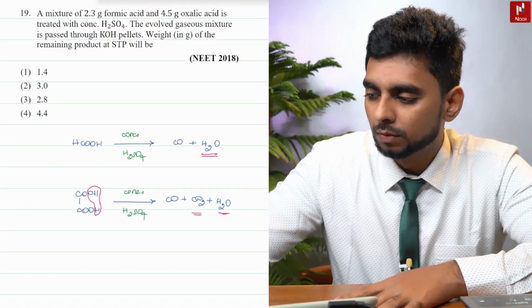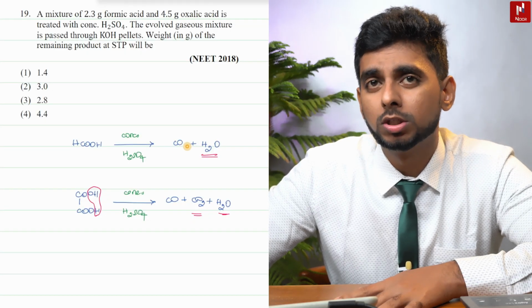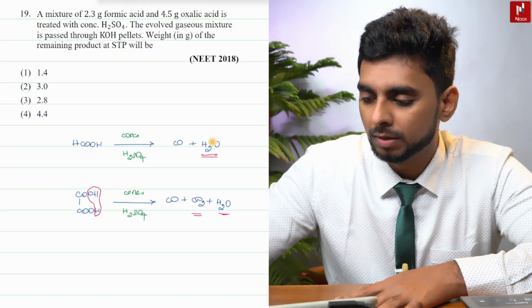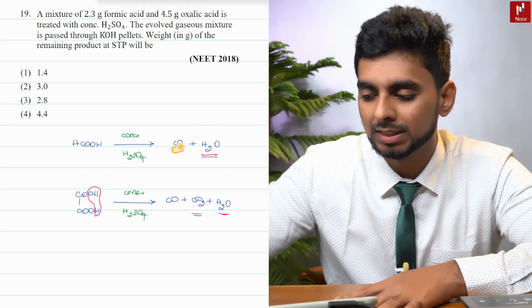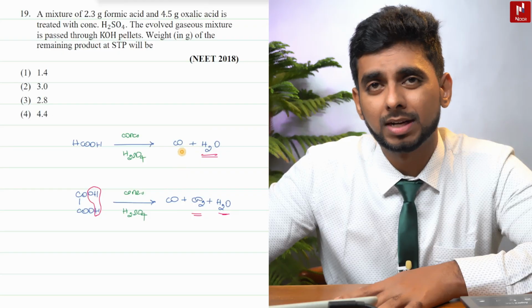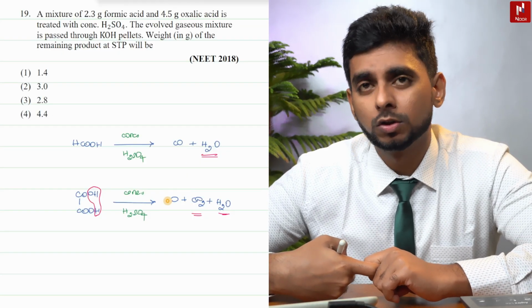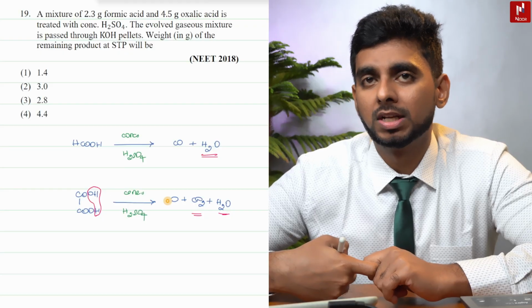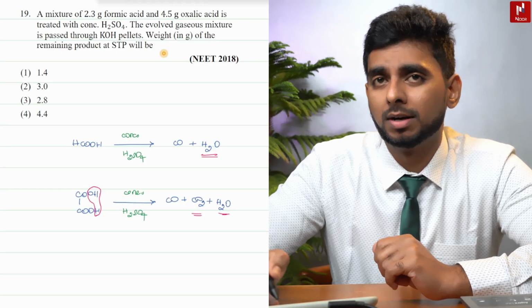So to get the carbon monoxide weight, I first need to know the moles of carbon monoxide formed in this reaction. If I get the number of moles of carbon monoxide formed in these two reactions, I'll be able to add those two moles. Finally, I also know the molar mass. By using the molar mass, I'll be able to get the weight of the remaining product.